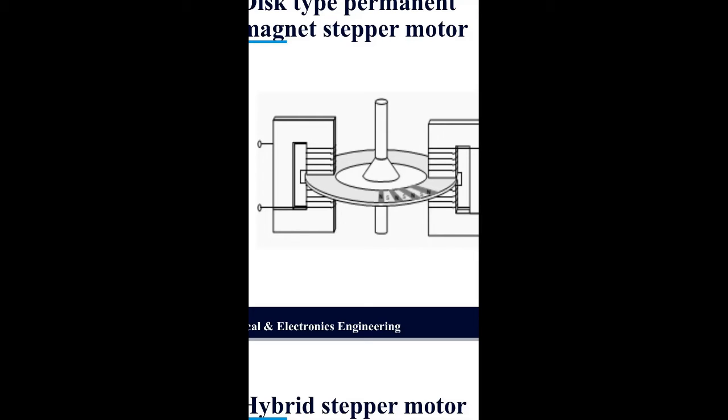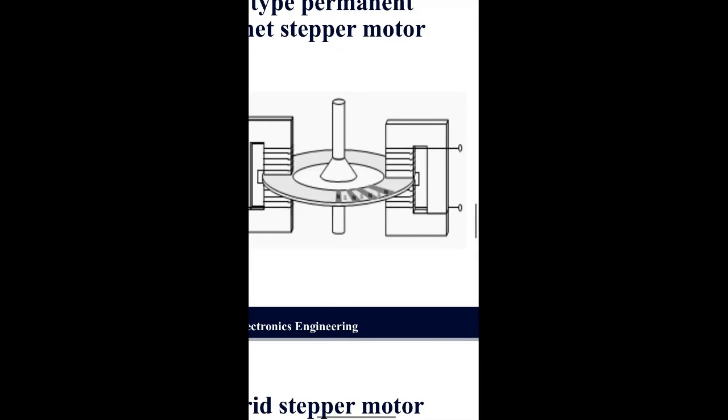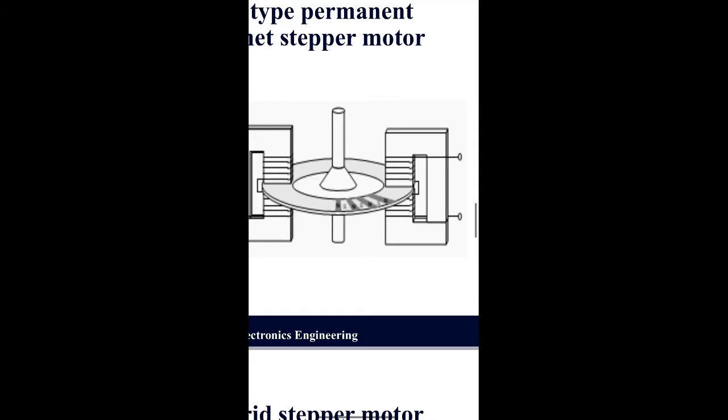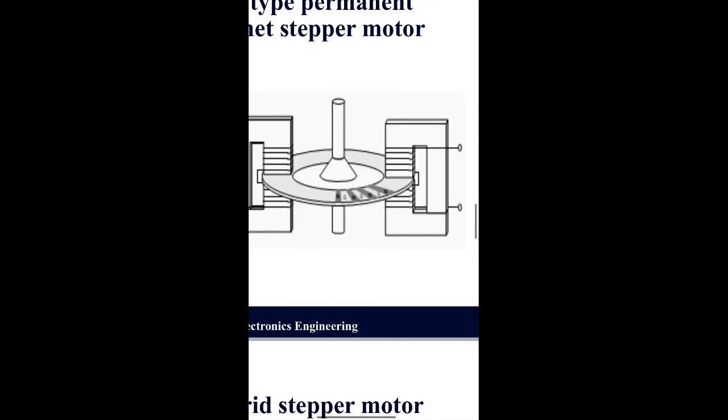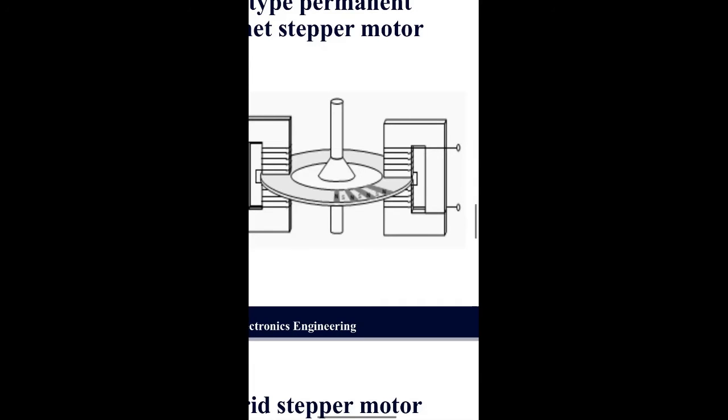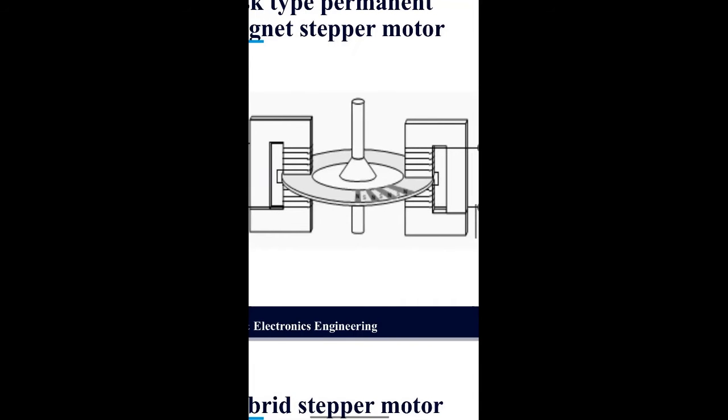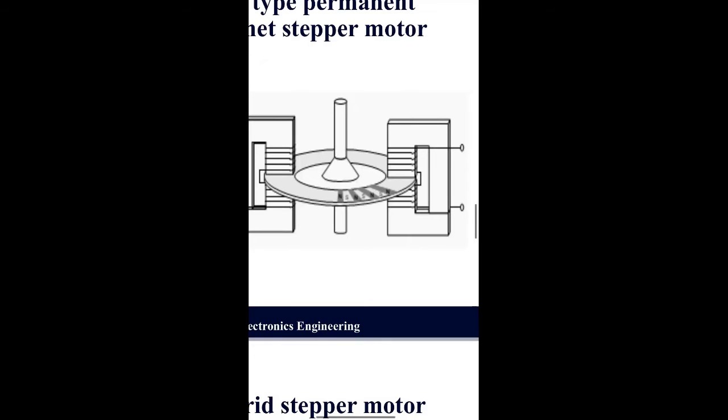When one of the phases is energized, let us consider the right side phase is energized, the rotor will align itself with its field pole. When excitation is shifted to another phase, that is, when excitation is shifted to the left phase, the rotor will turn by half of the rotor pole pitch in order to align with the second field pole.